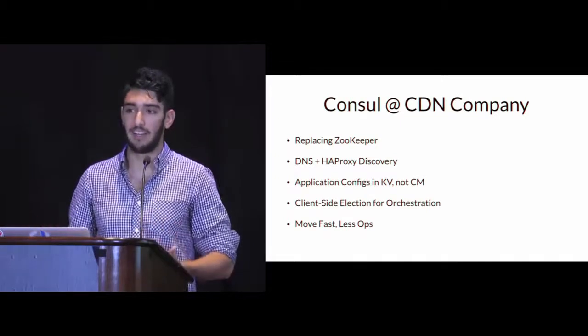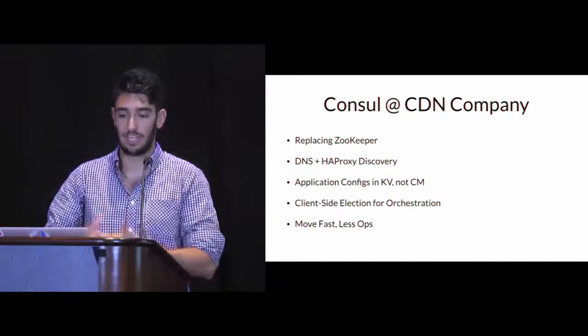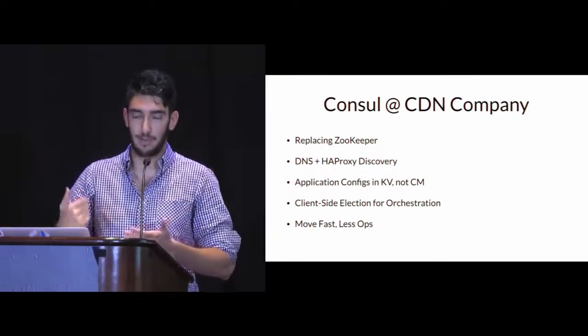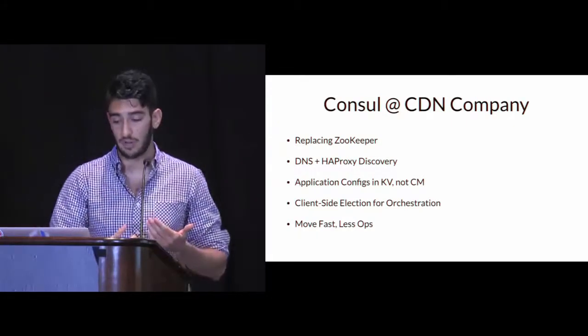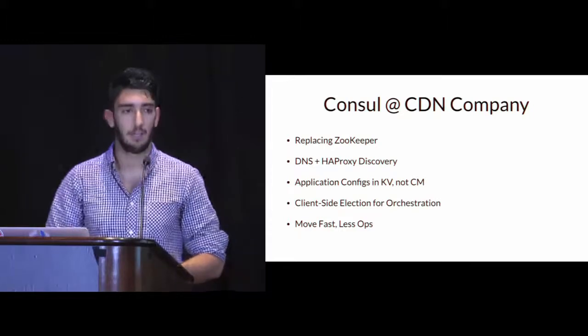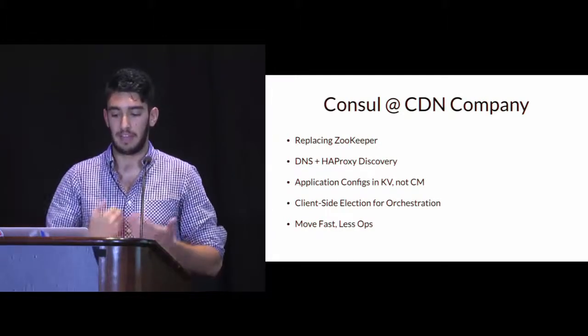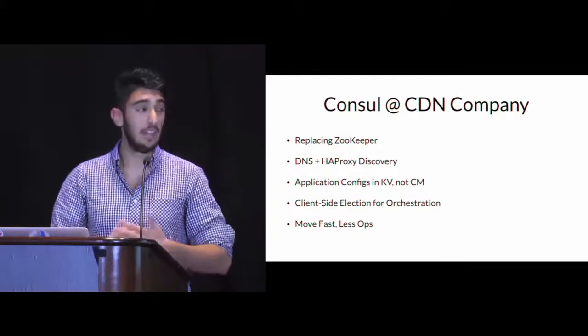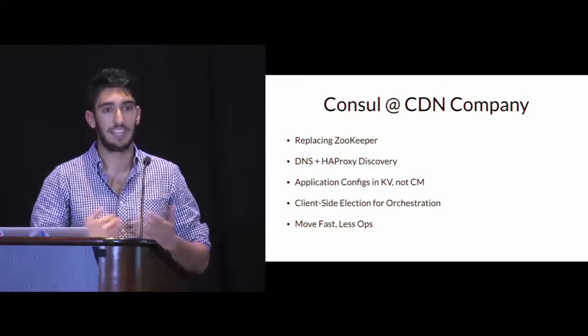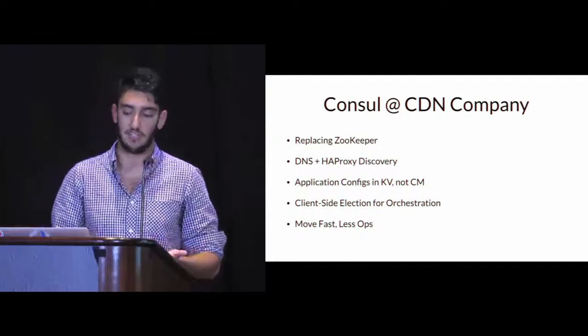Application configuration is being migrated out of their config management tool and Puppet, into KV. This way they're saving 30-minute convergent runs for application changes. They've already started building services that depend on Consul for client-side leader election instead of Zookeeper. And they've told us that they're able to move faster with less operational pain because they're relying on Consul now.